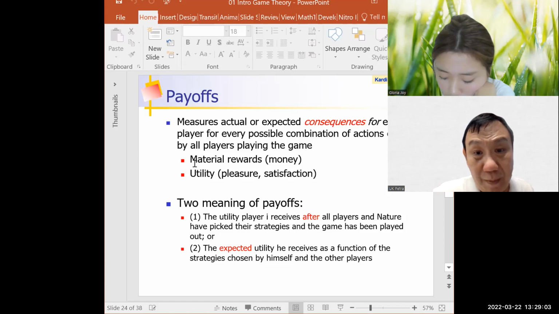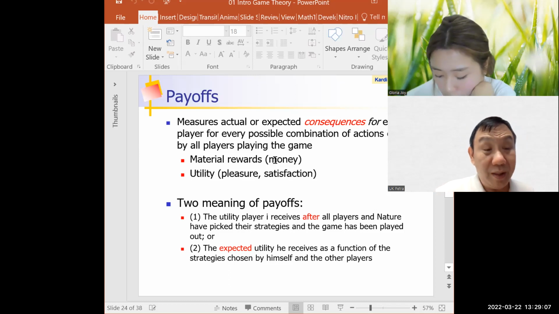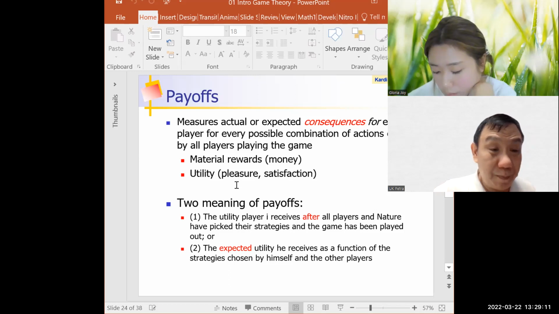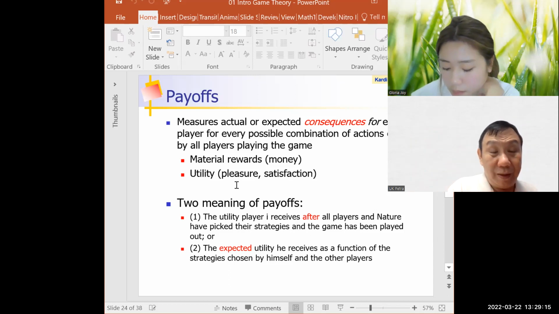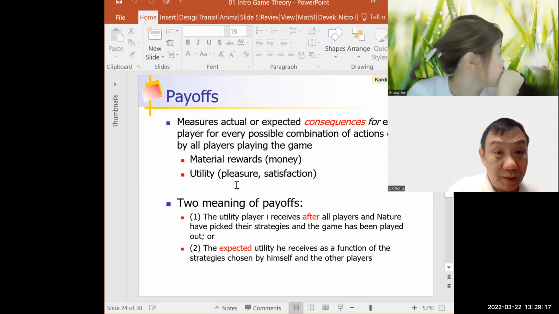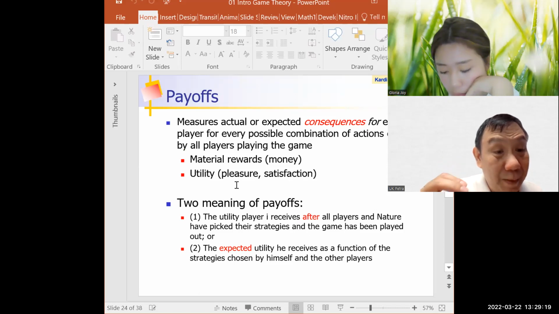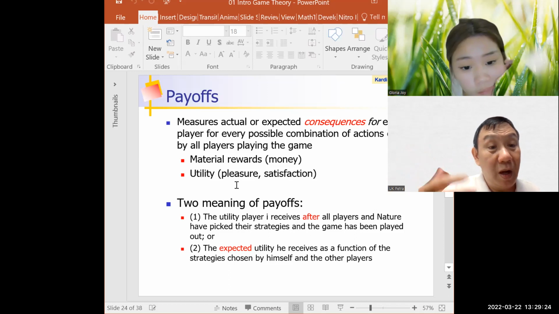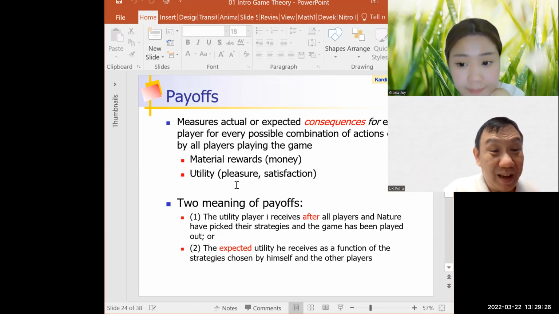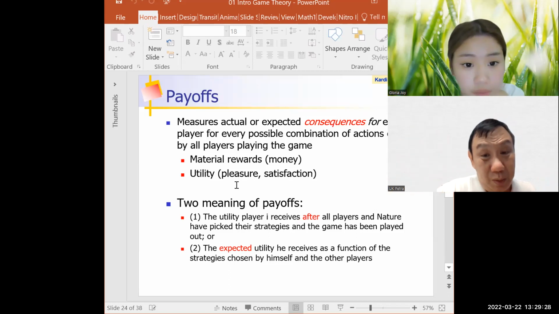That payoff can be a material reward, for example money, or simply utility. Why is utility important? Because now you can put something into numbers, with ordinal numbers. For example pleasure, satisfaction, love, faith. Everything you can put into utility.